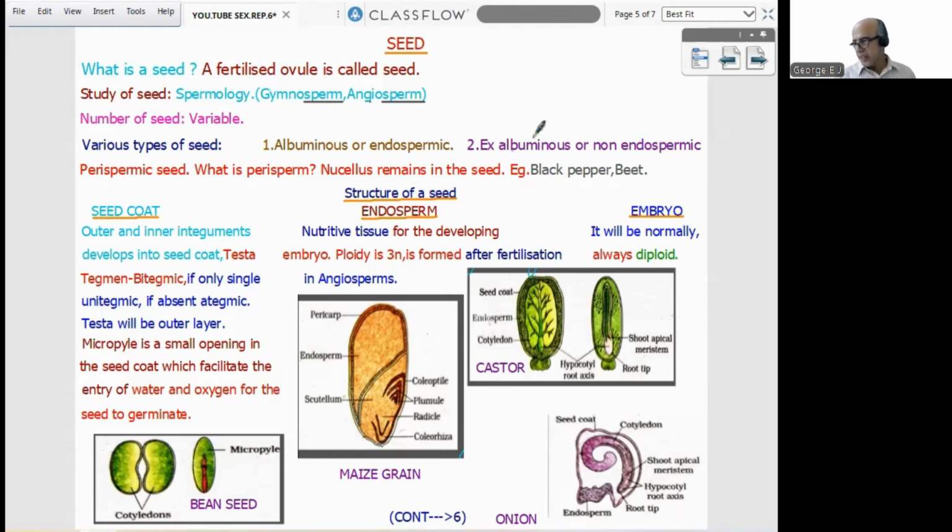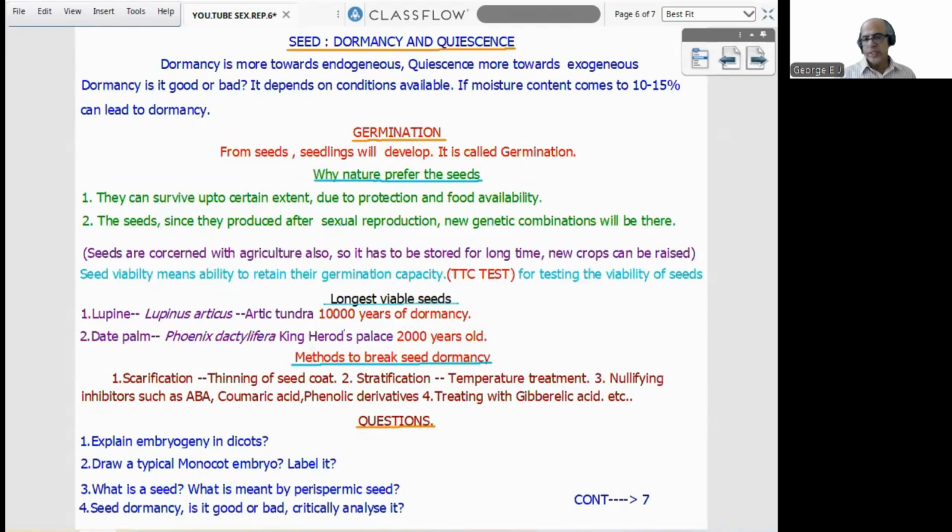Now comes the next area, seed dormancy and quiescence. Dormancy and quiescence are used as synonyms, but there is a slight difference. Dormancy is more towards endogenous control. Quiescence is more towards exogenous control. Now, is dormancy good or bad?